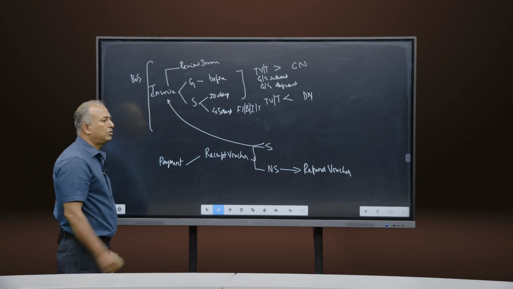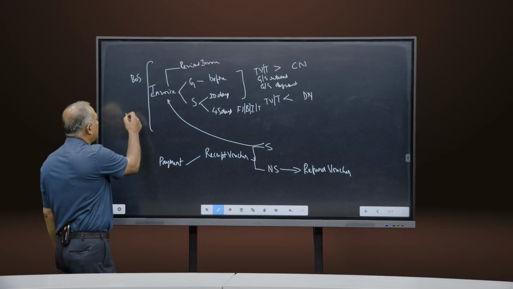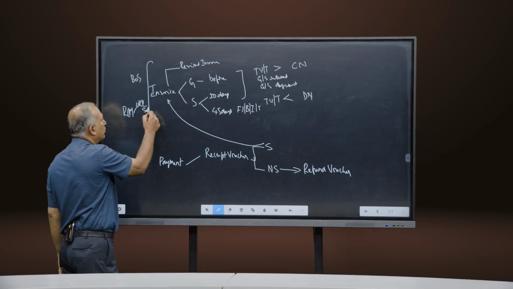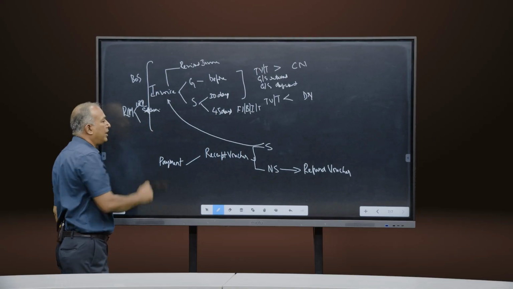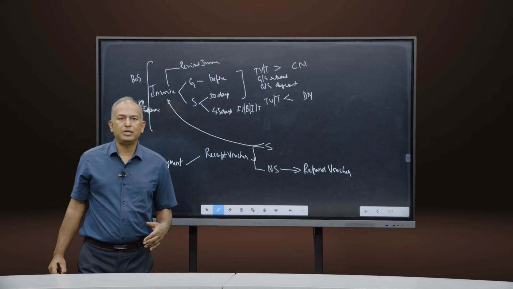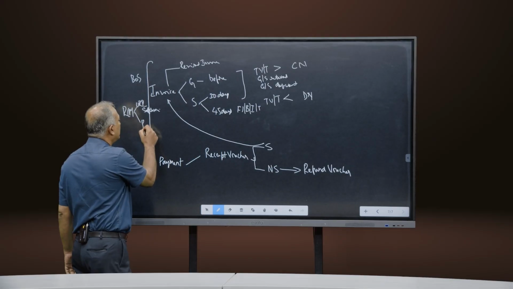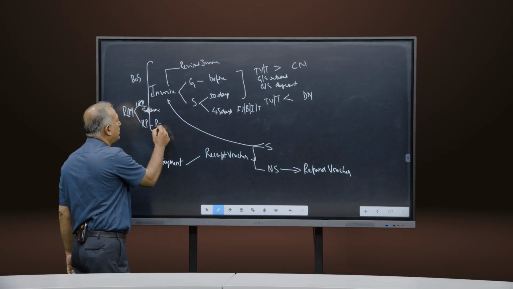Finally, I told you that there are two other documents, especially when it is a reverse charge supply. For a reverse charge supply from an unregistered person, a self-generated invoice is issued, the self-invoice. And in the case of a reverse charge supply received from a registered taxpayer, there is a requirement of issue of a payment voucher.